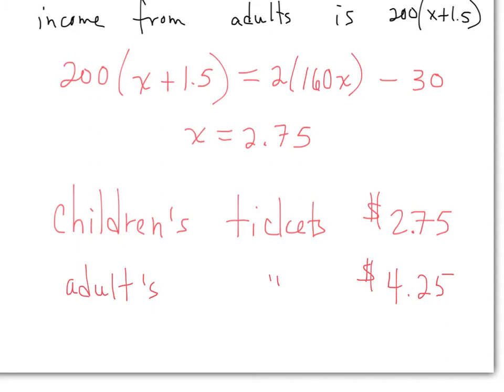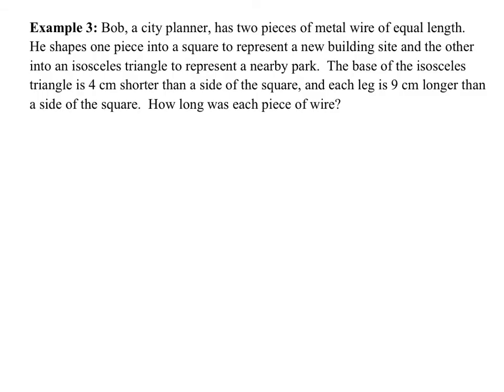Or just writing the fact in the beginning, the let statements. The let statements are so important. If you're trying to find the cost of each ticket, let x equal the cost of the children's ticket. Then let x plus 1.5 equal the cost of the adult ticket. Okay? Yes? All right. Let's go look at number 3.